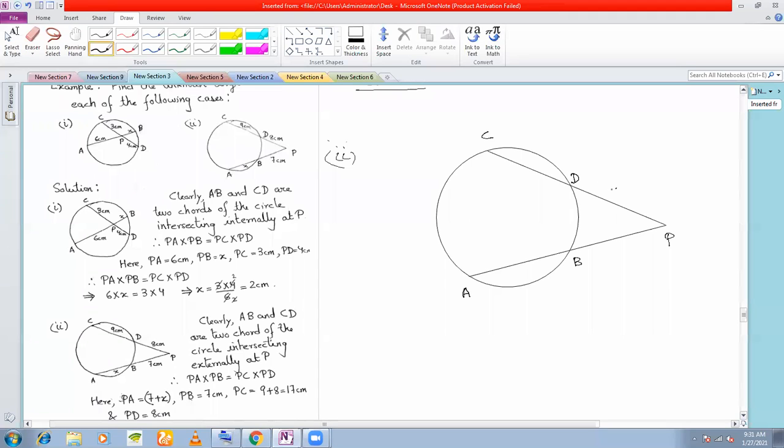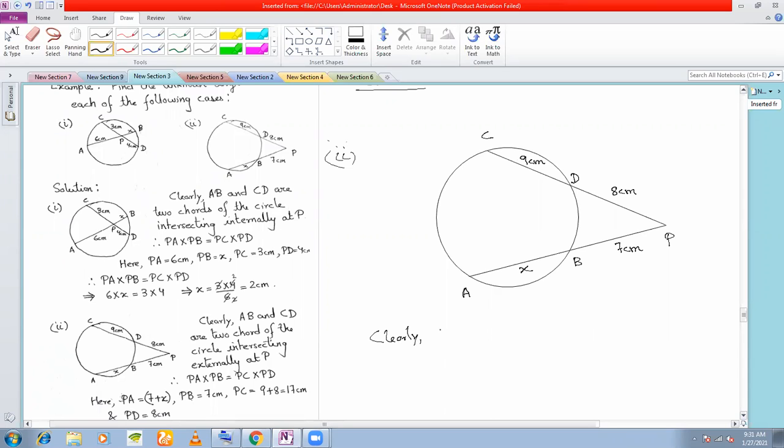In the figure, it is given to you that this length is 8 centimeters. This length CD is 9 centimeters. This length you have to find, given to you as x, and this length BP is given to you as 7 centimeters.